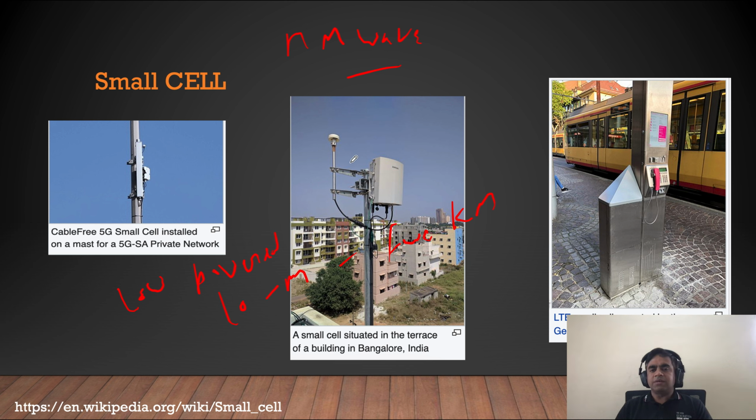So how does this help us to have better connectivity in terms of throughput? What we basically do is we have these small cells spread across a certain area.